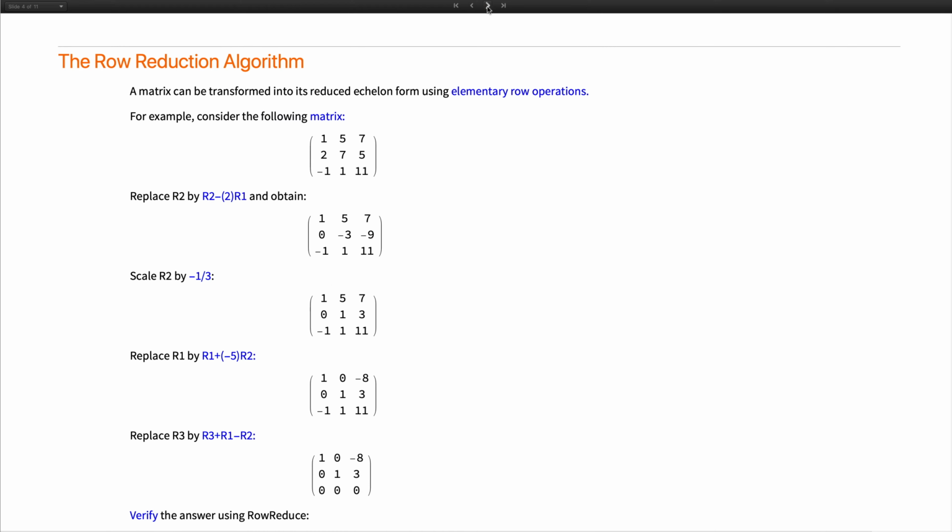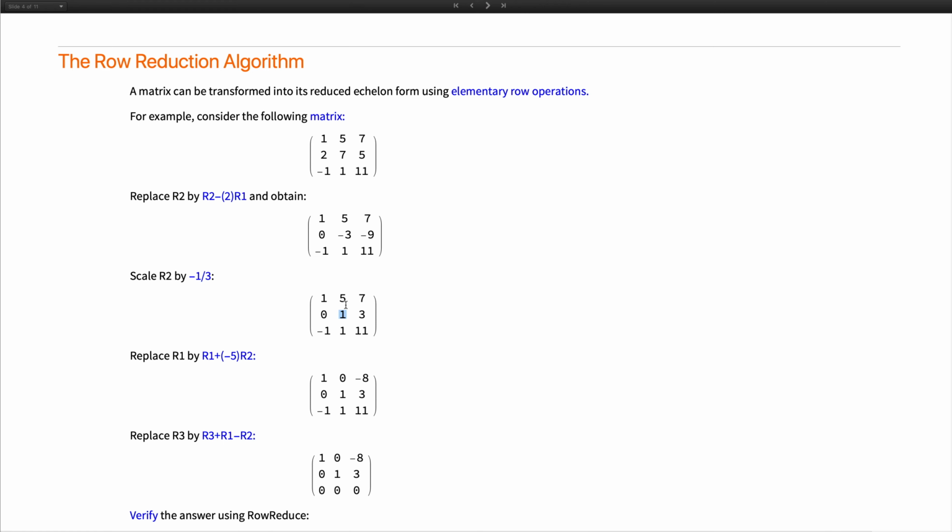Okay, so before going into RowReduce, let's just look at an example of how you might actually find the reduced echelon form using elementary row operations, just by manipulating the rows and getting the answer. So here's a matrix. You want to reduce it to echelon form. So what you do is you take the second row, R2, and then you do R2 minus twice R1. So that becomes 0 over here. And then after that, you divide by -3 to get that to be a 1.